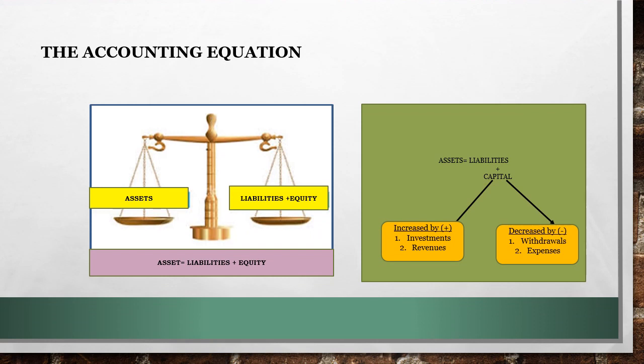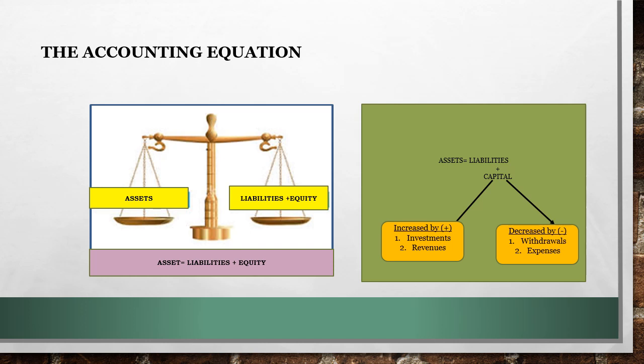Accounting is governed by a fundamental accounting equation. That is assets equals liabilities plus equity. It is the most basic tool in accounting. It shows the relationship of the three accounting elements found in the balance sheet.